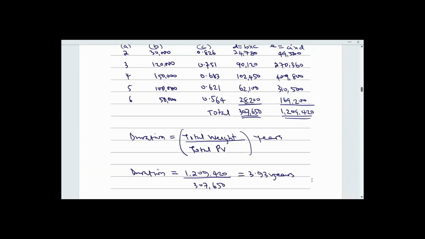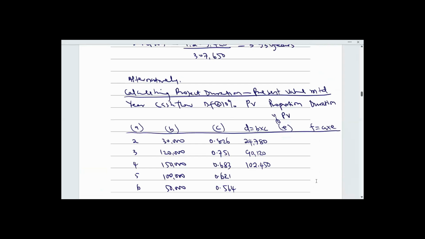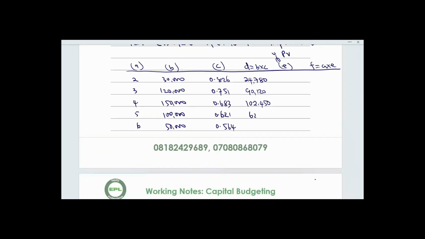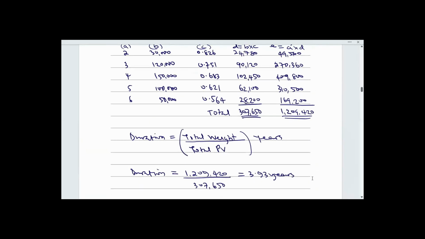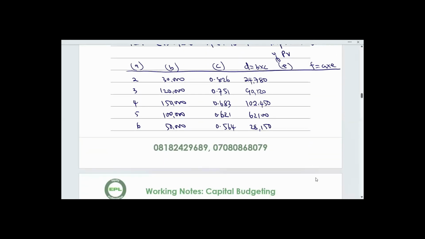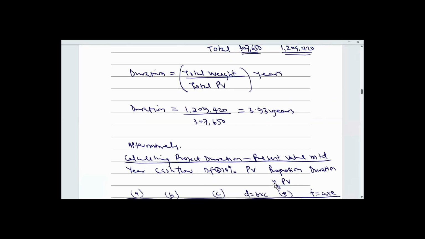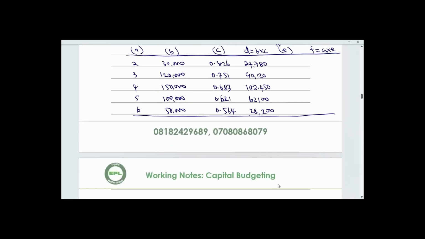And the next one, 62,100. 28,200. And the total PV was 307,650.